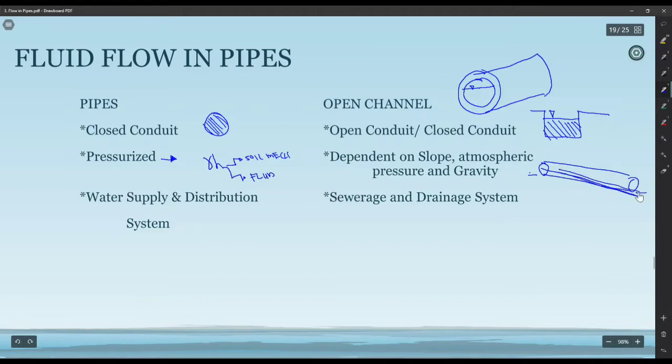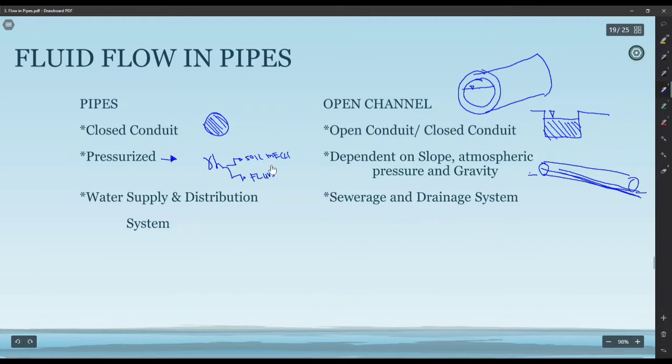So papunta siya sa mga creek or any bodies of water or kung saan pwede mo i-retain yung tubig mo. And for pipes, one good example of this is yung water supply and distribution system. And for open channel, so ito nga yung sinasabi ko, sewerage and drainage system.